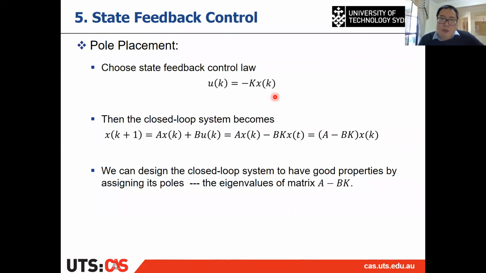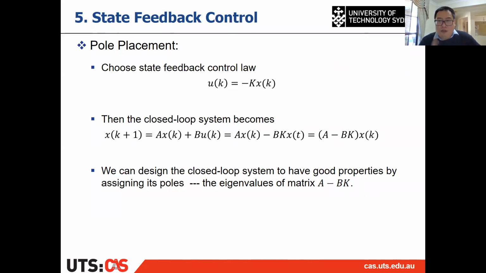So U is equal to minus Kx, and then you choose a proper K to make the new A matrix, which is A minus BK, have all the eigenvalues between minus 1 and 1. And then you can make your system stable. So that is pole placement for a linear discrete time system. The process is exactly the same as what we have in the continuous time system, but the criteria about stability is different.